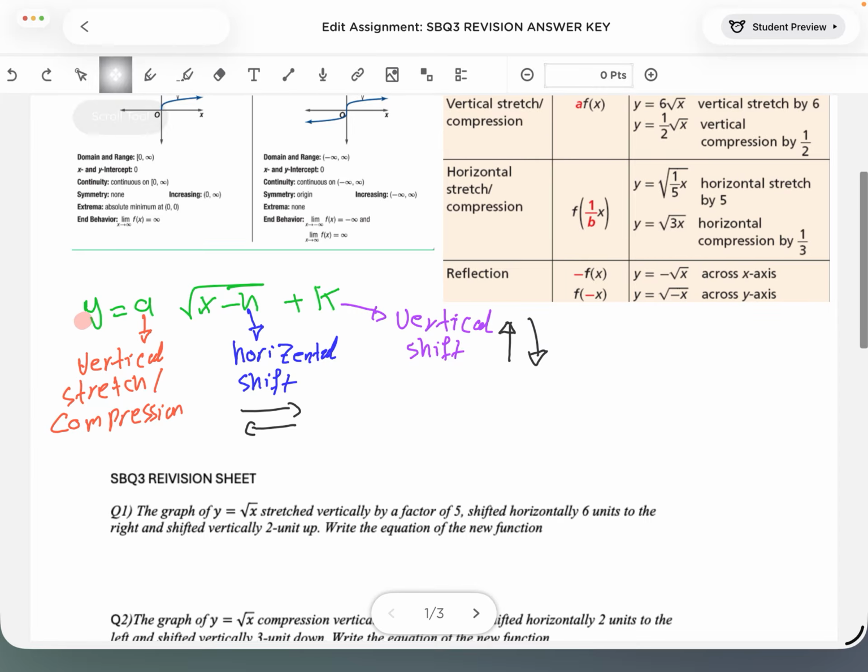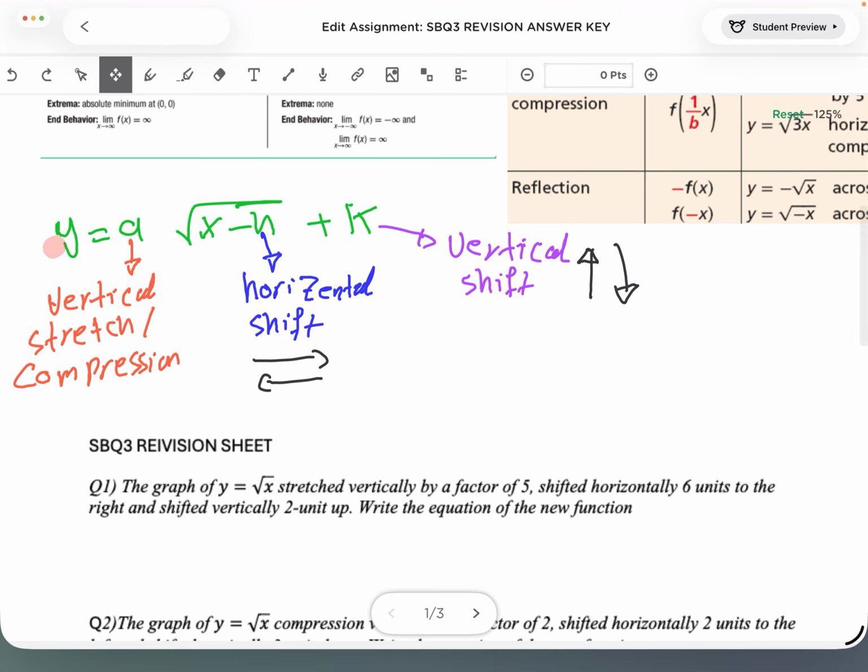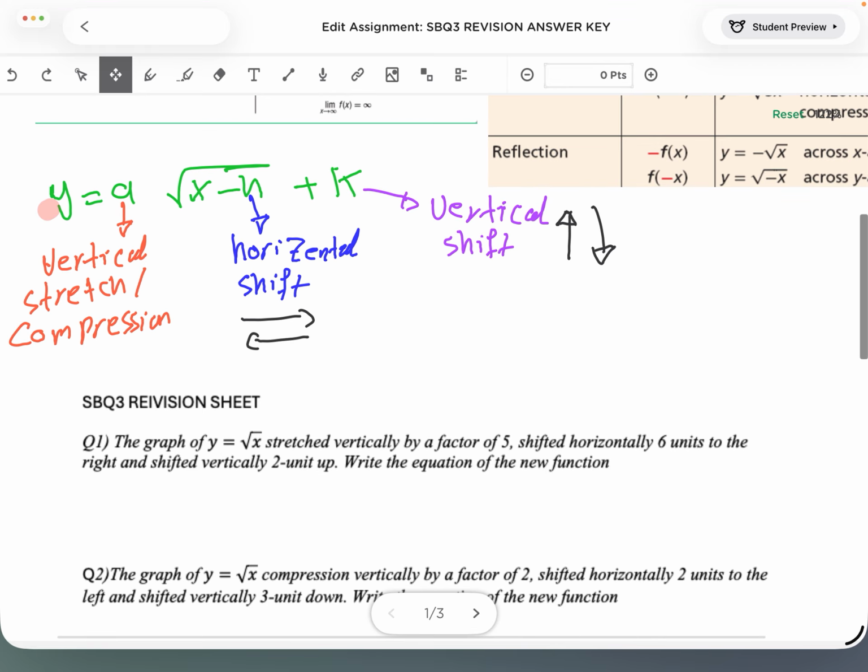The first question, we have to know what is the value of A, H and K. The graph is stretched vertically by a factor of 5. So this is A. And shifted horizontally 6 units to the right.